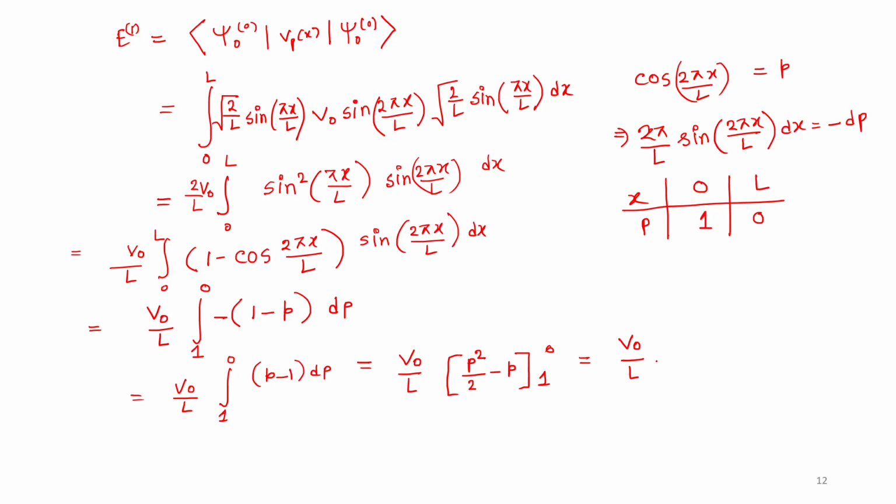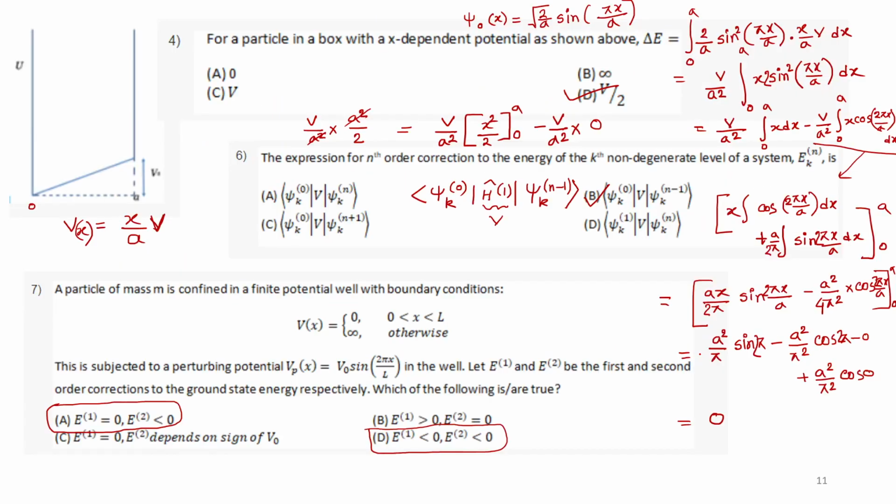V0 by L, 0, 0, 0, then it will give me minus 1 by 2 plus 1, that is V0 by 2L. So what do I have as option?